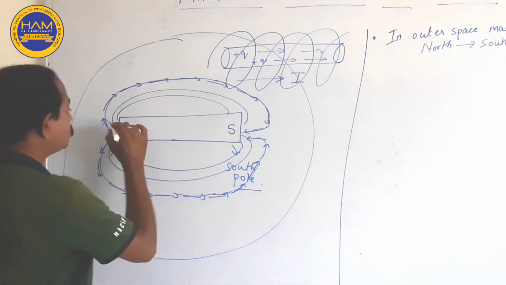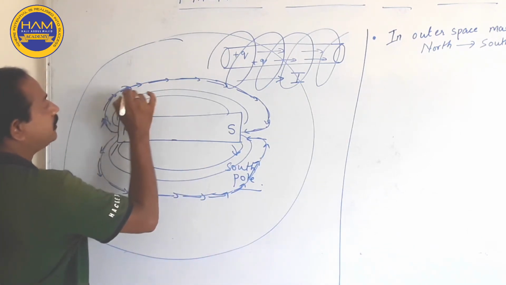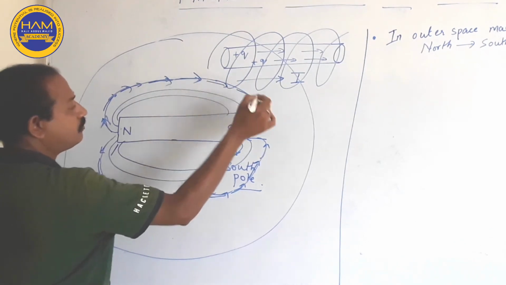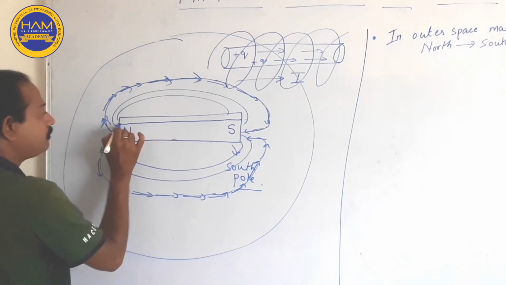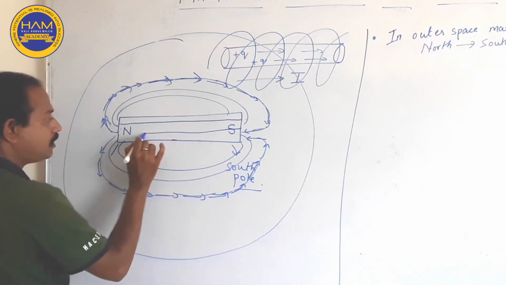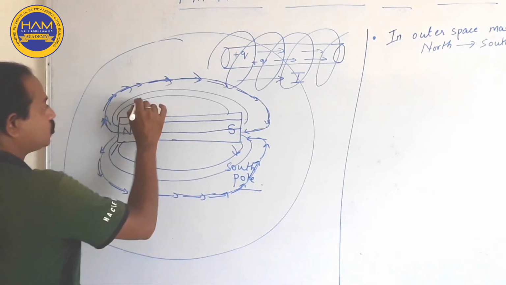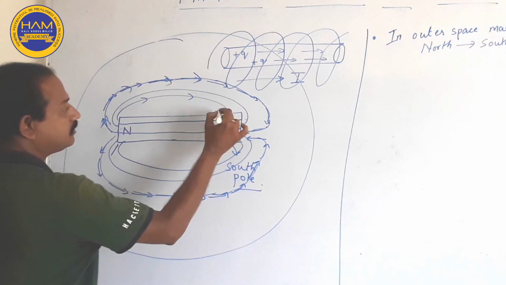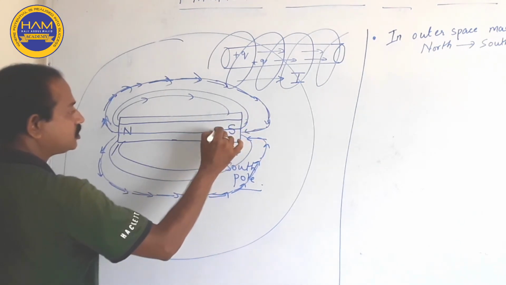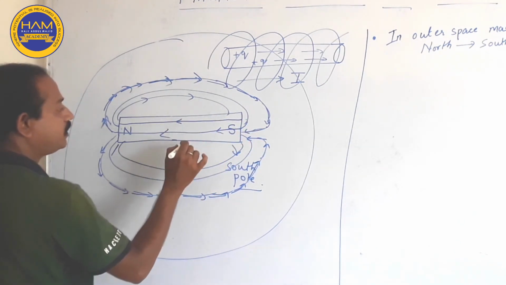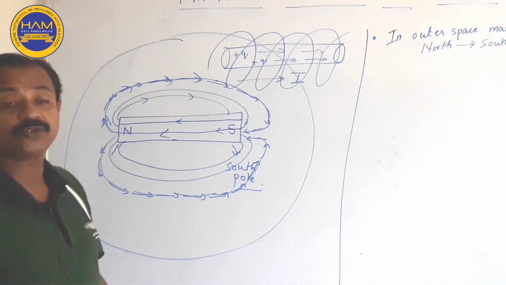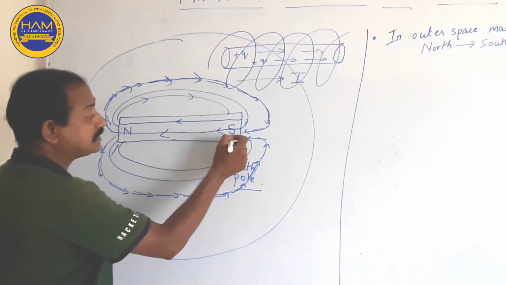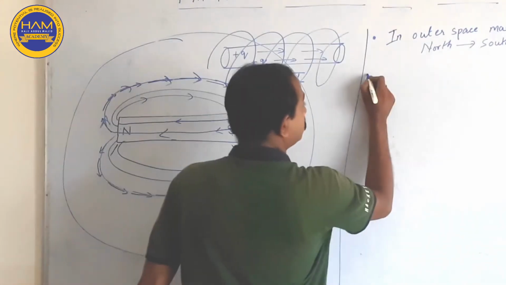Now you see students that it is coming over here, it is having a direction from north to south, but inside the magnet it is going to form a continuous loop. What happens inside? It is going in this fashion, again in this fashion, just coming over here. That means inside the magnet, the magnetic lines of force are arranged from south to north.